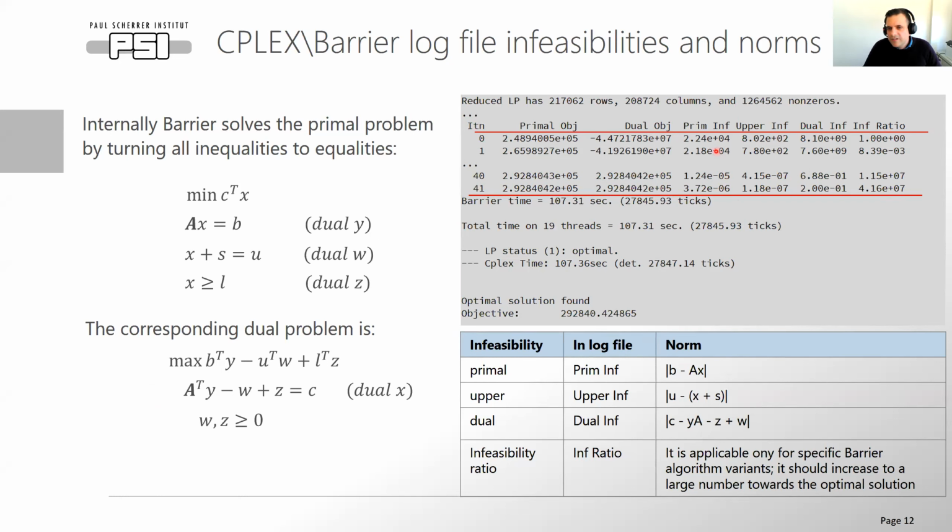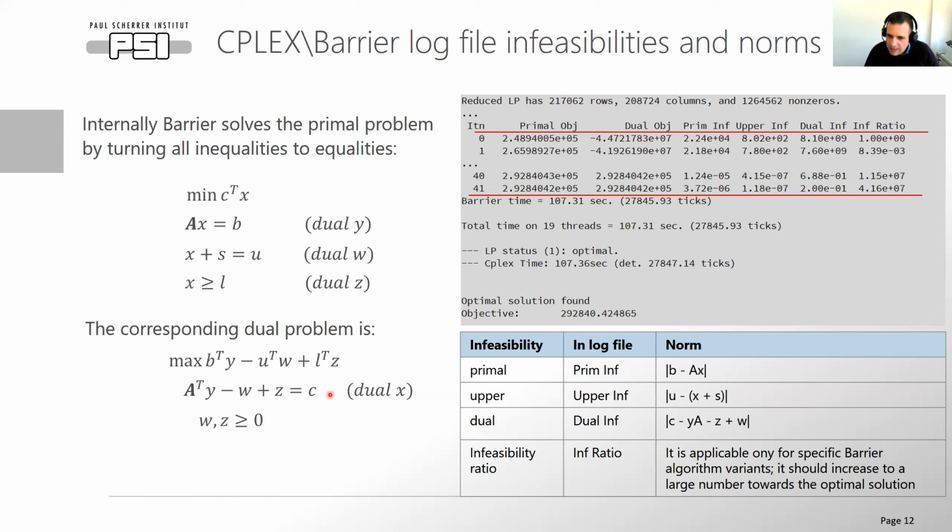So all the infeasibilities that are here, primal, upper, dual, are calculated based on how the barrier internally solves. The primal infeasibility is, let's say, the absolute difference between the right-hand side of our constraints and our constraints. The upper infeasibility is the infeasibility that we have in this equation here, how much we don't meet the equality. And the dual infeasibility is the infeasibility of this equation here.